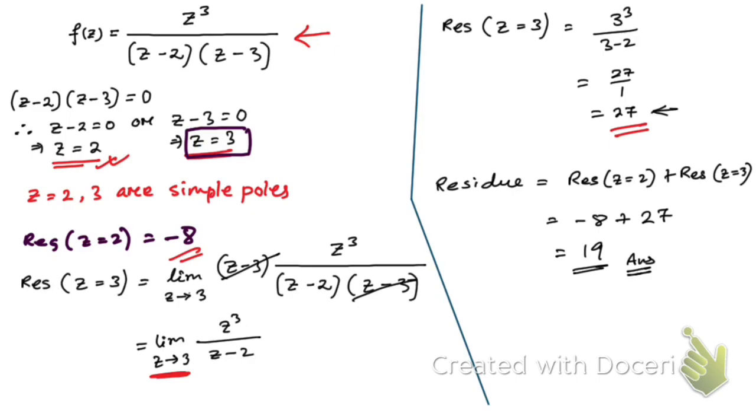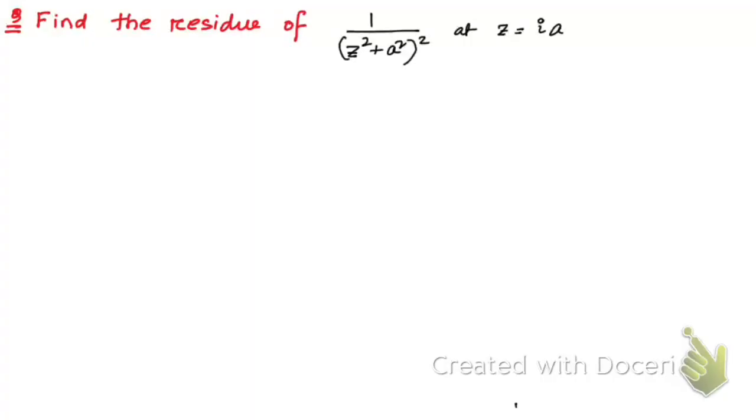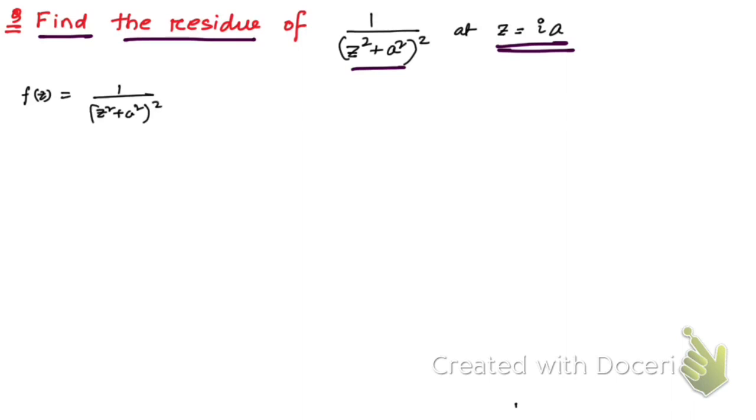So now let us take another question. So here is the next question. Find the residue of this function at this pole, right? So first let me write the given function. This is the given function, z square plus a square whole to the power 2, right?